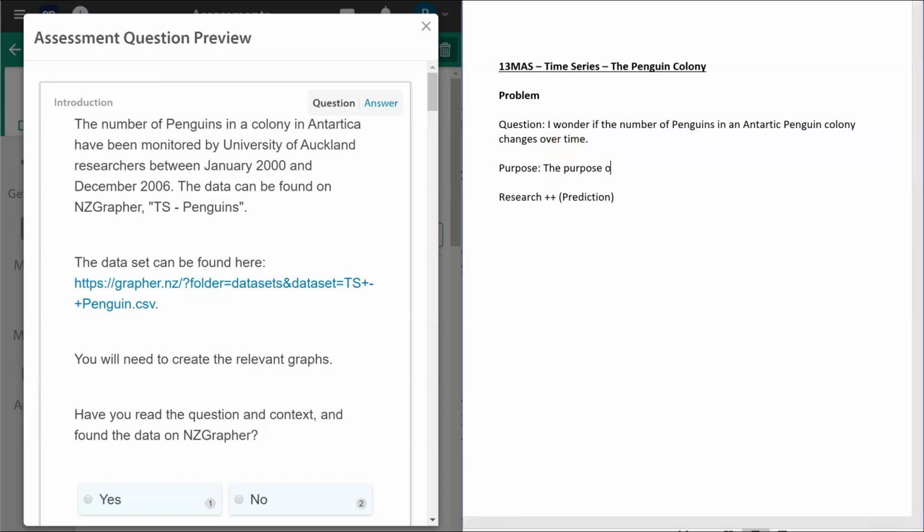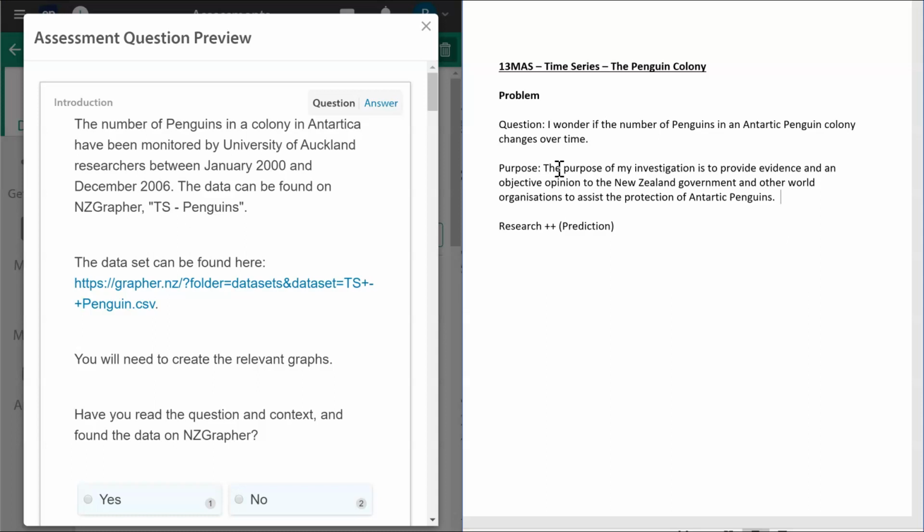So the purpose of my investigation is to provide evidence and an objective opinion to the New Zealand government and other world organizations to assist the protection of Antarctic penguins. So that's the purpose. We're trying to develop an objective opinion, provide evidence to that.